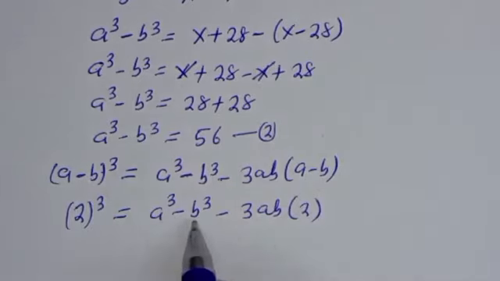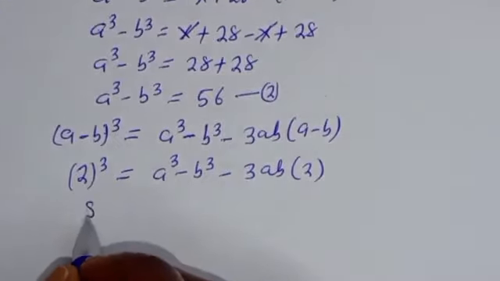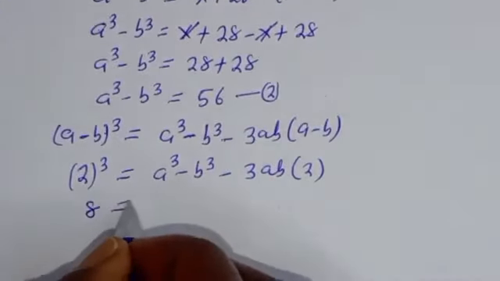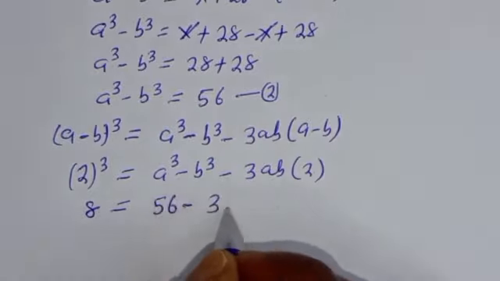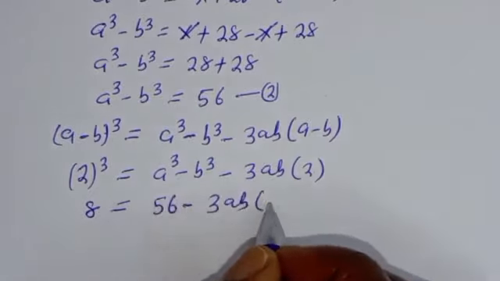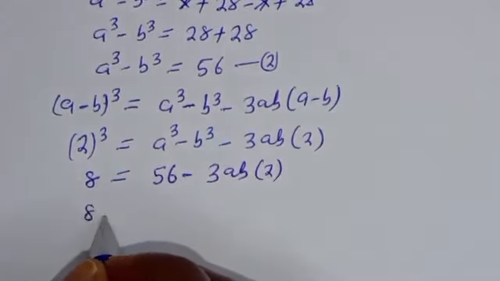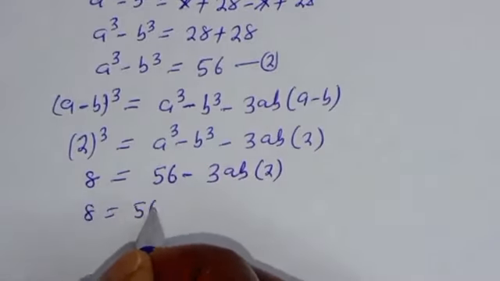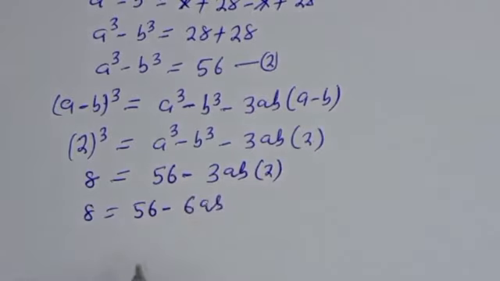But a raised to power 3 minus b raised to power 3 is equal to 56. So 2 raised to power 3, which is 8, is equal to 56 minus 3ab bracket 2. Then 8 is equal to 56 minus 3 times 2, that is 6ab.